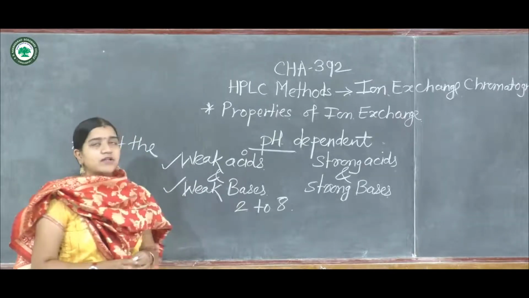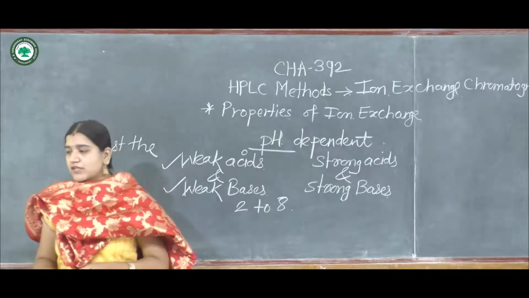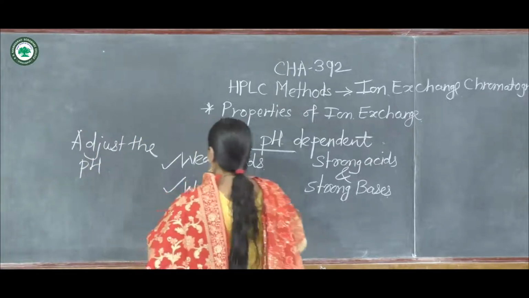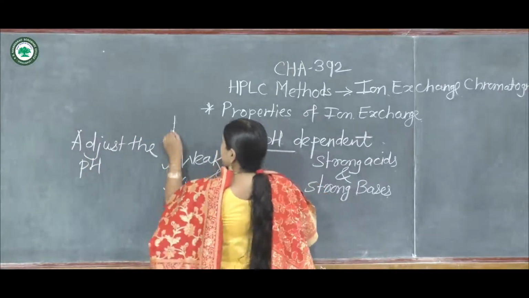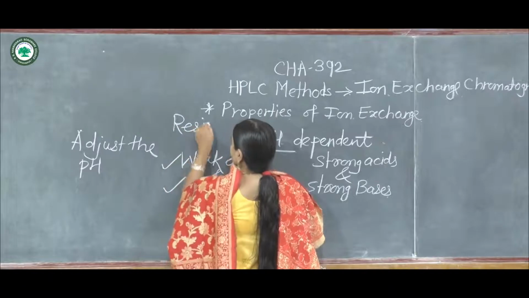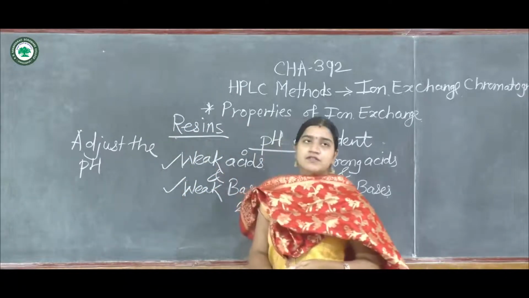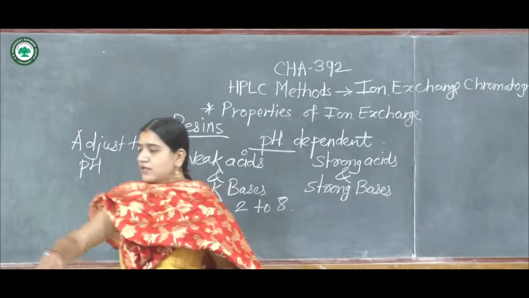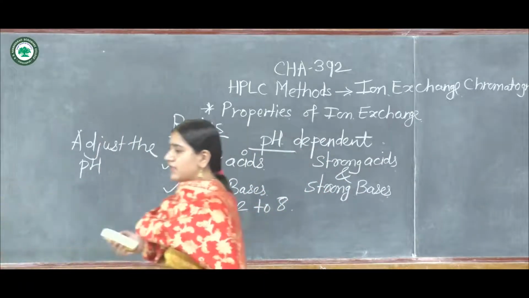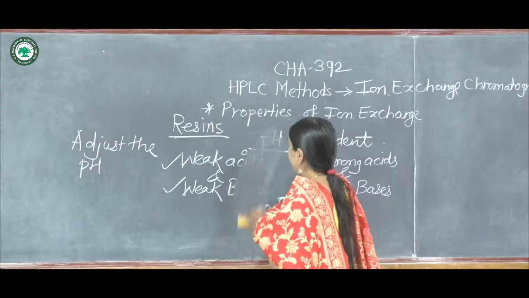For the different materials used, the first one is the different types of resins. The resin material which is used is basically styrene divinyl benzene or silica.